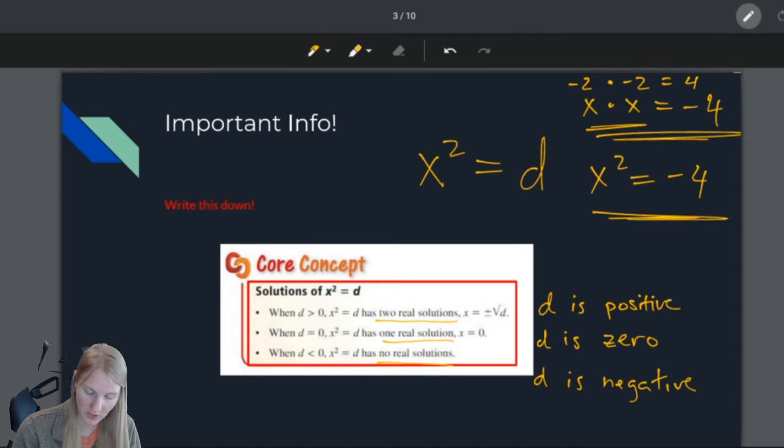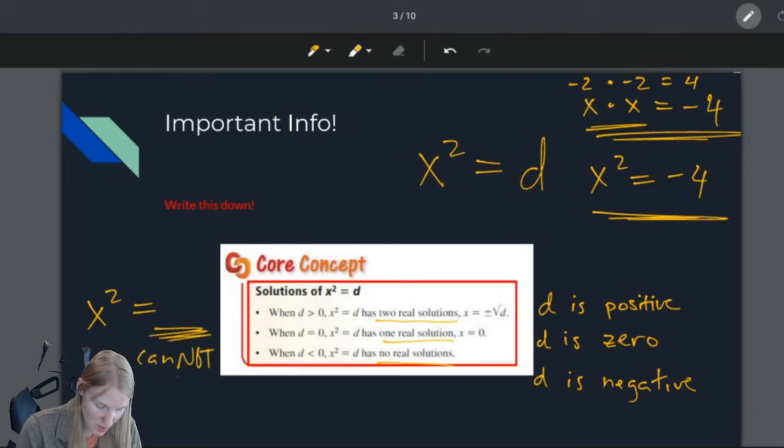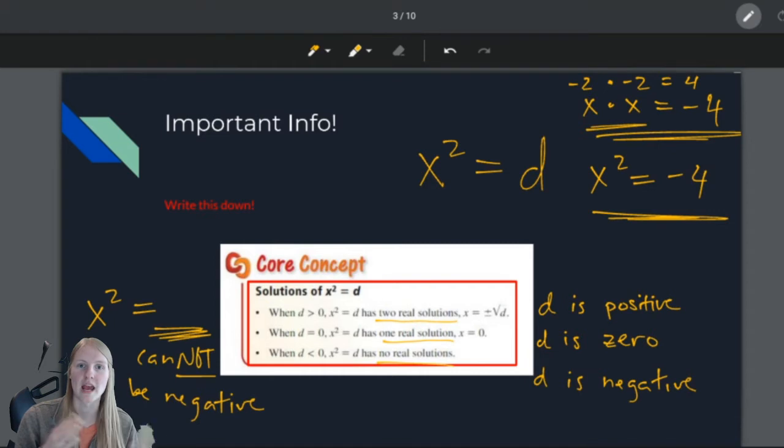A square, when I have x squared, this cannot be negative. Otherwise, x squared can't equal a negative number, because two things multiplied by each other, no matter if they're negative or positive, always give you a positive number.